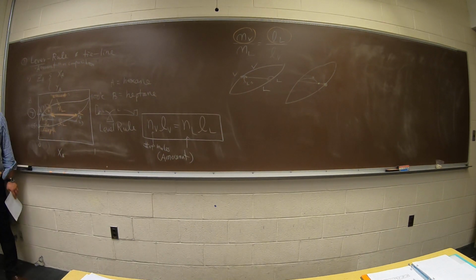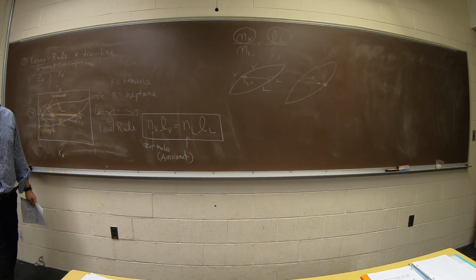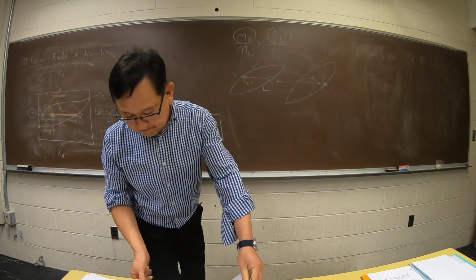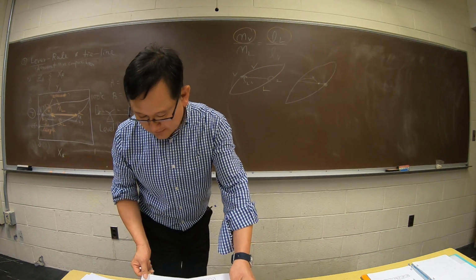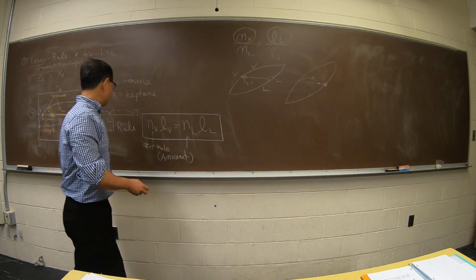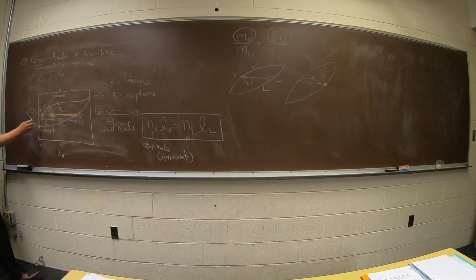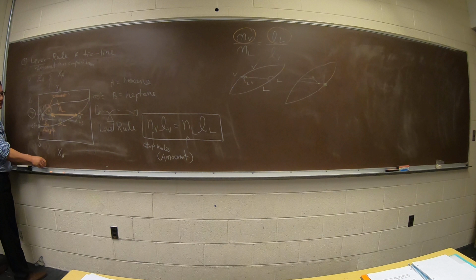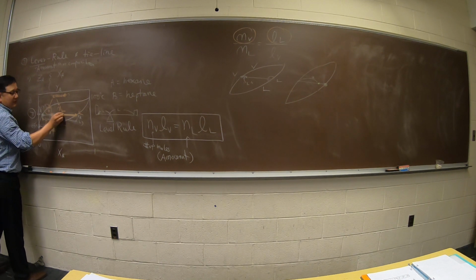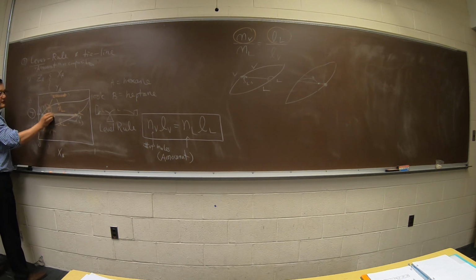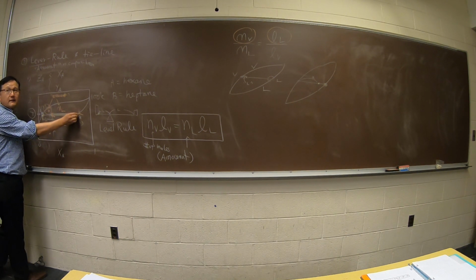It is a very simple rule, but it can be used quite a bit to calculate. So always remember: when you have a long length like this, it means you are going to generate a lot of vapor, from the other side.